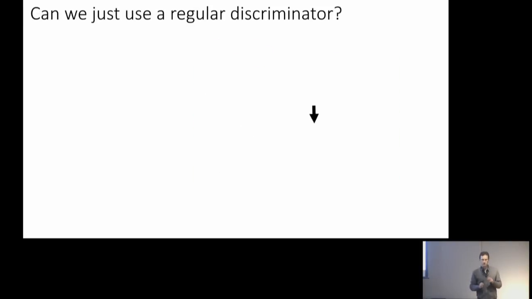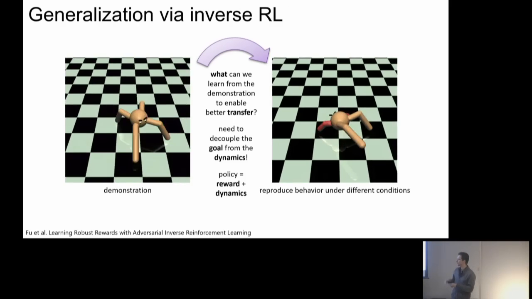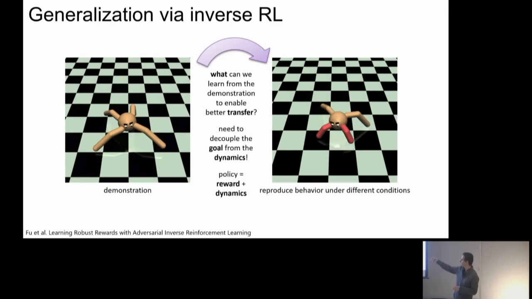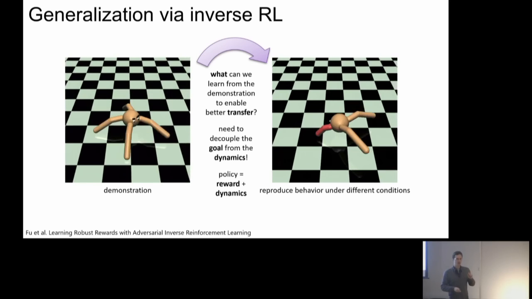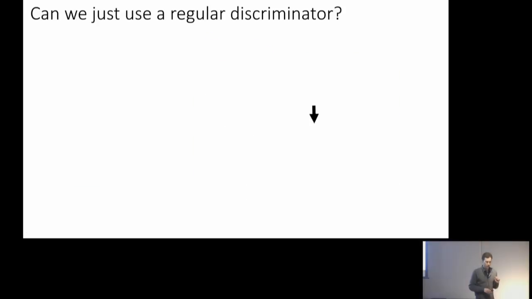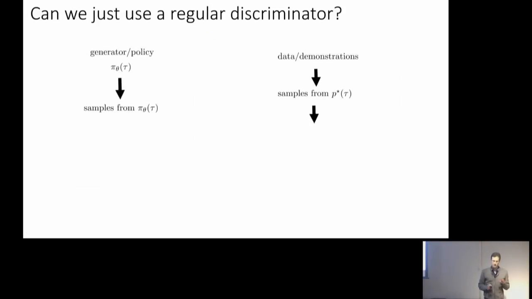But at the same time, we don't actually have to do this. If we don't want to deal with transfer and we simply want to imitate the behavior in the original domain, we can take this GAN connection and simplify it even further. We can have the same basic recipe where we have our generator or policy and we have our data.